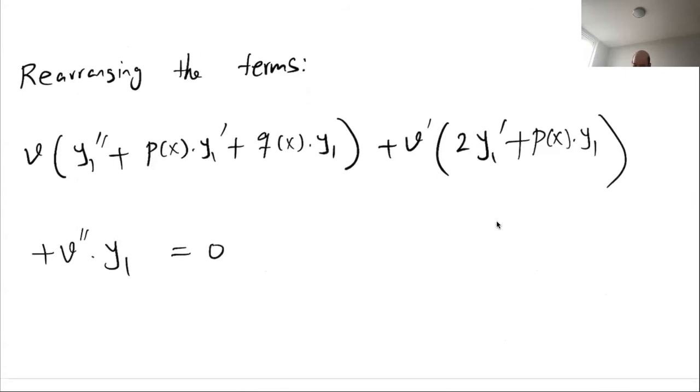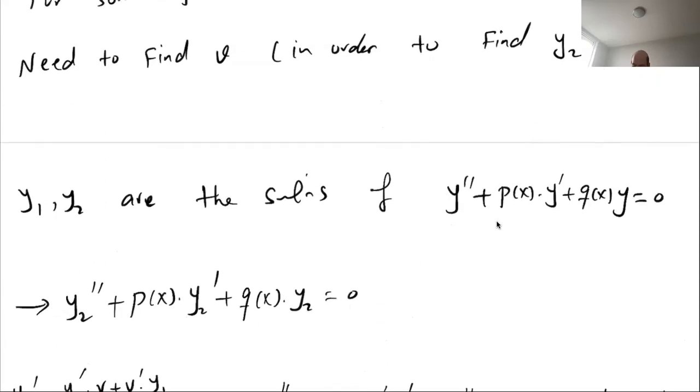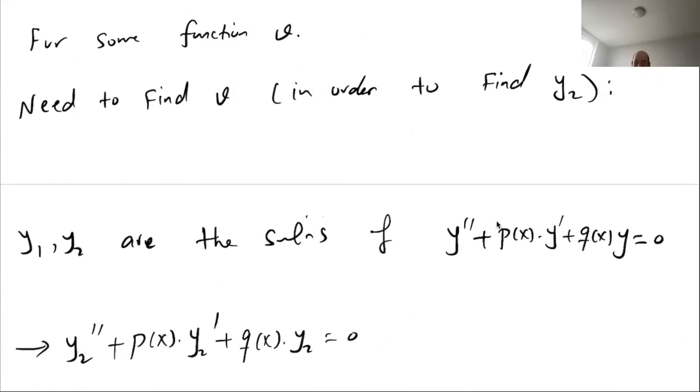Now this term is going to be 0 because y1 is a solution itself. If you remember, y1 is the solution of this equation. So if you substitute y with y1 here, it will satisfy the equation, meaning that y1 double prime plus p of x y1 prime plus q of x y1 will be 0.